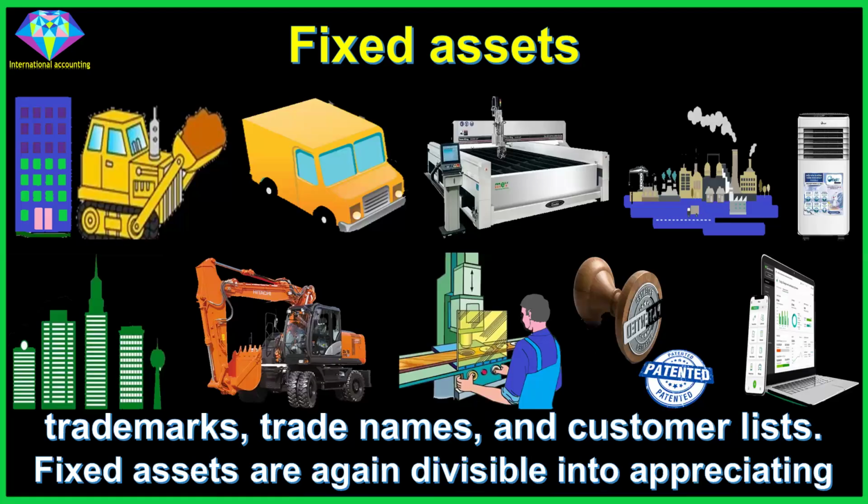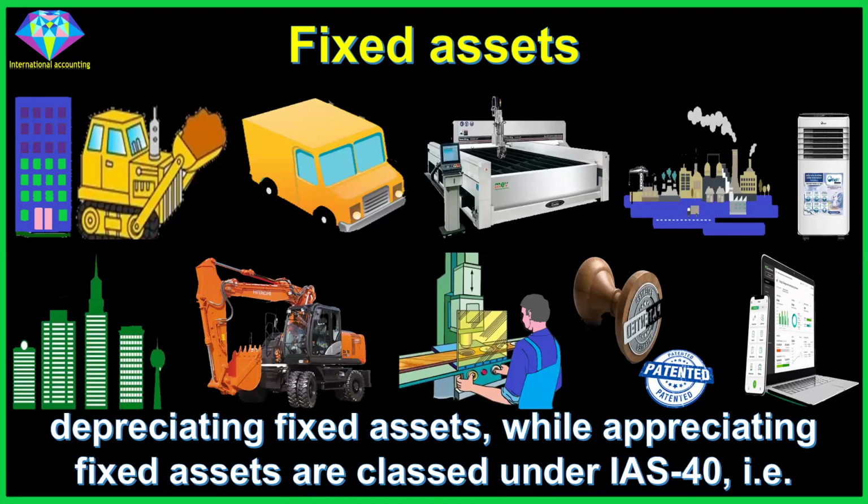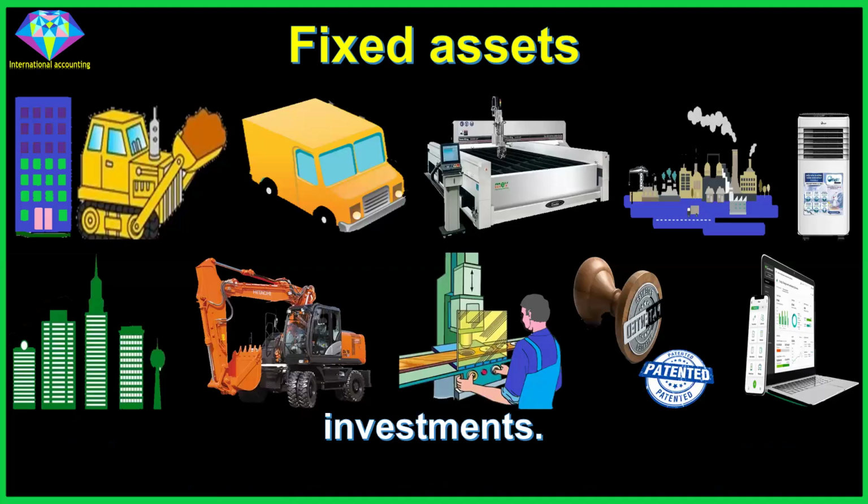Fixed assets are again divisible into appreciating and depreciating asset classes. As per the Indian accounting standards, IAS 16 deals with depreciating fixed assets, while appreciating fixed assets are classed under IAS 40, i.e. investments.